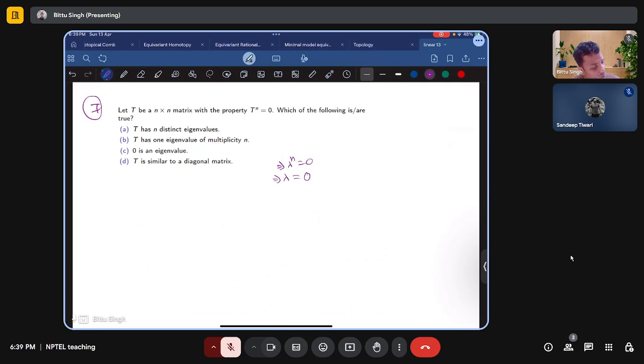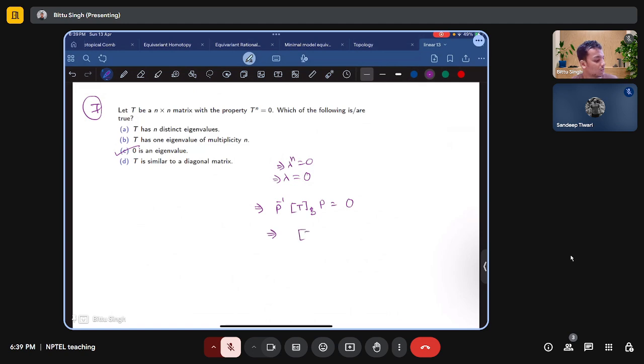So 0 is an eigenvalue, this is clear. T is similar to a diagonal matrix. Is it true? If T is similar to a diagonal matrix, that means P inverse T P is the diagonal matrix. Because diagonalizable means all diagonal entries are eigenvalues. So eigenvalues are 0, therefore the diagonal matrix will be 0 itself.